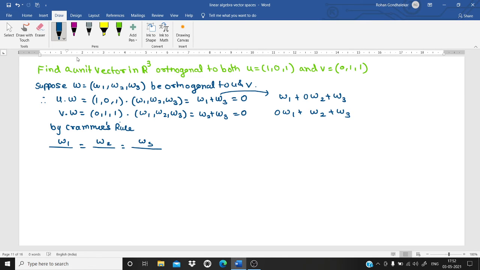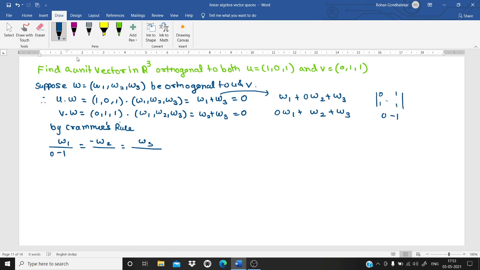As we are going to find the determinant part for w1, skip the coefficients of w1 and select the remaining. So we have the w2 coefficient 0, the w3 coefficient 1 in the first equation, and 1, 1 in the second. Now calculate this determinant value. What is the determinant value? 0 minus 1. So we get 0 minus 1. The middle term has the minus sign in the numerator.